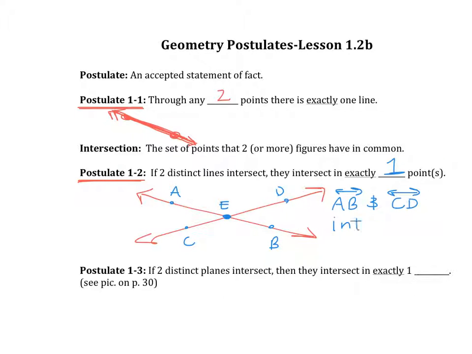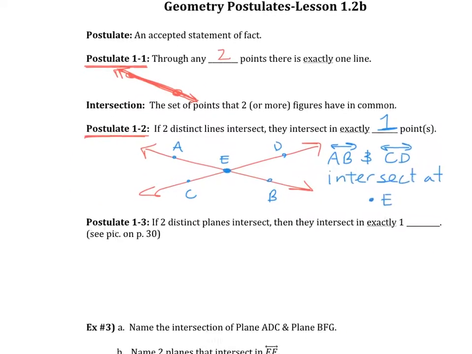Intersect at point E. Okay, so E is their overlap, their intersection. Questions on that so far? Okay, so then it's postulate 1-3.